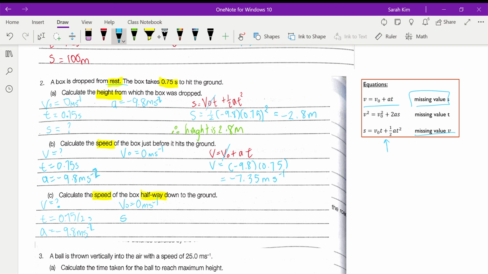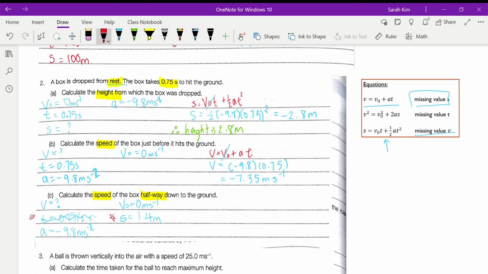Actually, instead of using time, because we don't necessarily know the time, although we do know that it's a constant acceleration, maybe I'll scribble that out now and you'll see why. My distance is just simply going to be, halfway down, so my height was 2.8, so that's going to be half of that, which is 1.4 meters. So using the s data instead of the t data is just going to be a little bit more accurate.